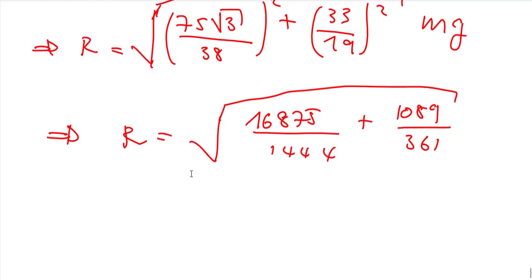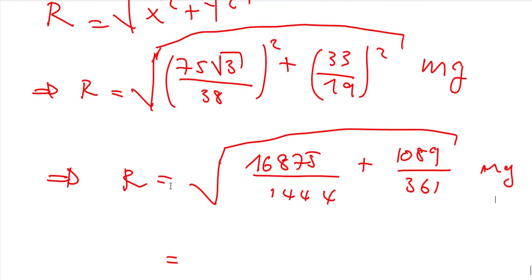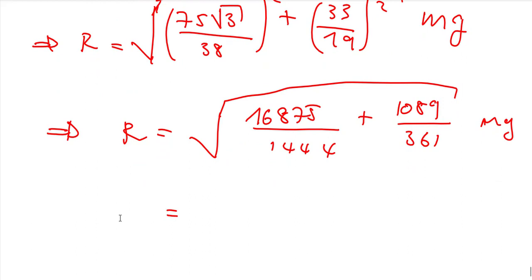Okay, now this means if we sum, times mg, if we sum we have 16,800, so it's going to give 14.7 mg.